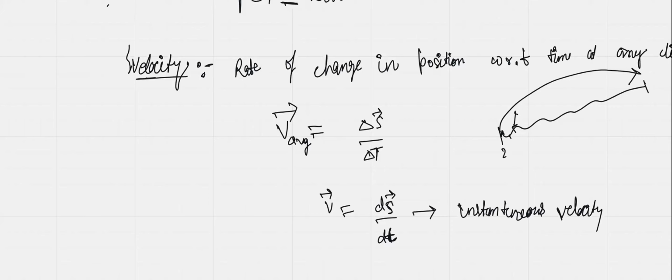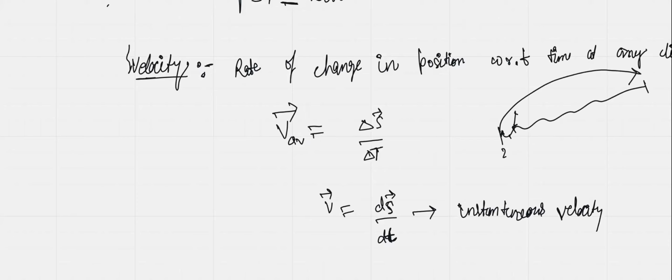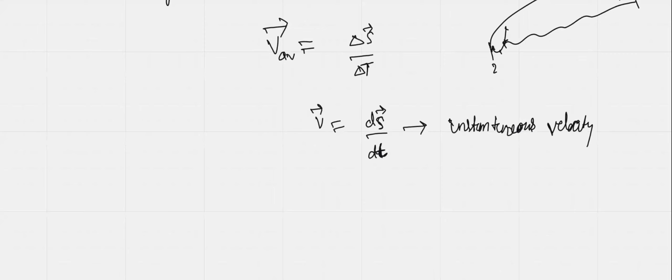Now to get the instantaneous velocity, I will specifically ask you, give me the velocity at an instant of time, at that particular instant of time. I will give you the time value and ask you what your velocity was at this time. Okay, we are done with instantaneous velocity.